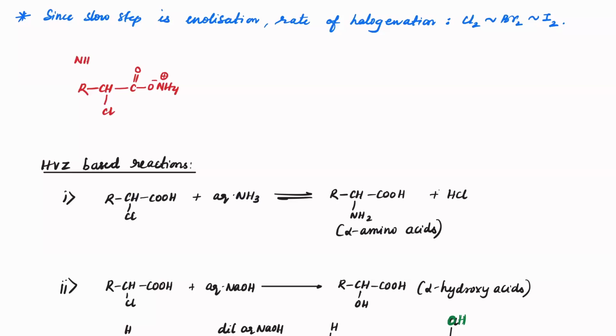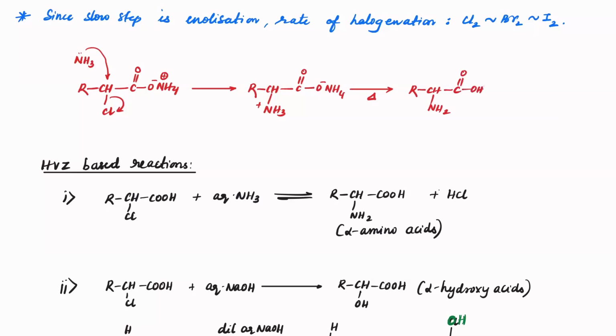Then the second mole of ammonia attacks and removes this chlorine, and I get RCH NH3 plus and COO minus NH4 plus. Now on slight heating this gives us back RCH NH2, and this becomes RCOOH again, releasing ammonia.